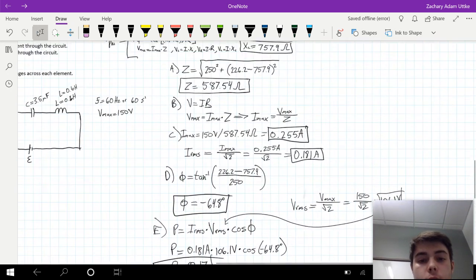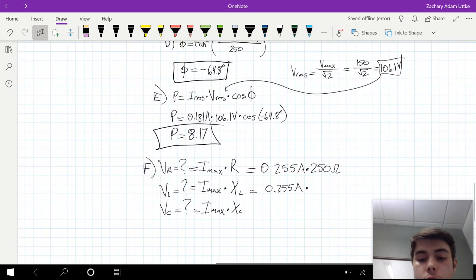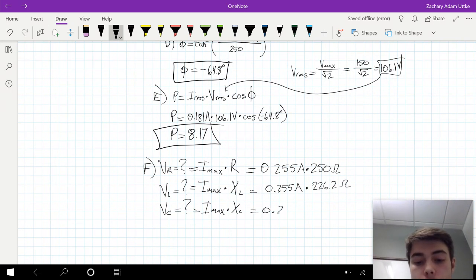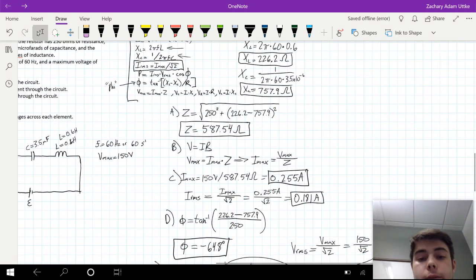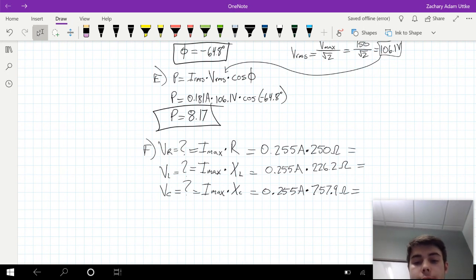What did we calculate that to be? 226.2 ohms. And lastly, for our capacitor, we had 757.9. Okay, so let's calculate these and find our answers.